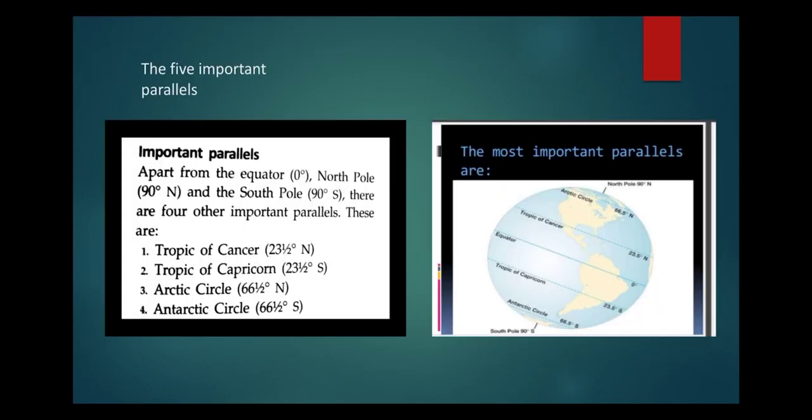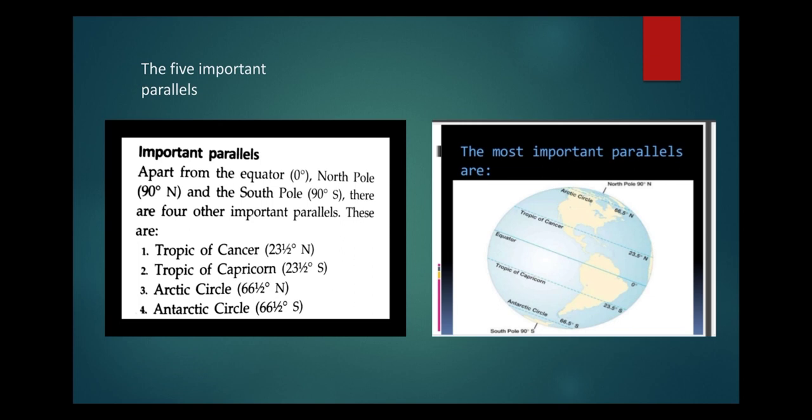Children, in this slide we will learn about the 5 important parallels on earth. Apart from the equator, north pole 90 degree north and south pole 90 degree south, there are 4 other important parallels.